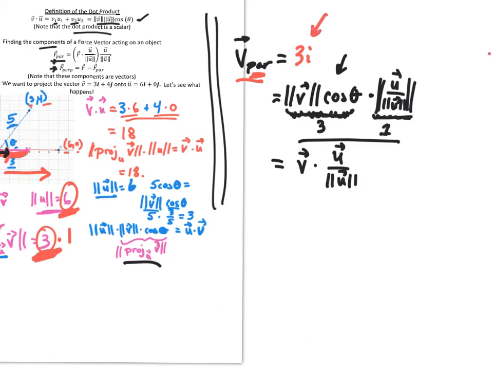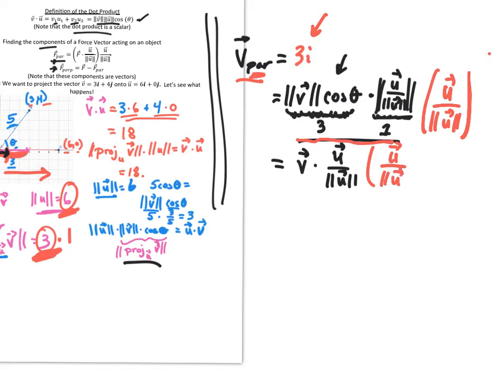I'm not creating a vector yet. These are just scalars. So I still need the vector. What I'm going to multiply by then is something in the direction of u. So I'm going to multiply by the unit vector of u in order to get that direction down for a vector's sake. And so going back down to here, I also need this.